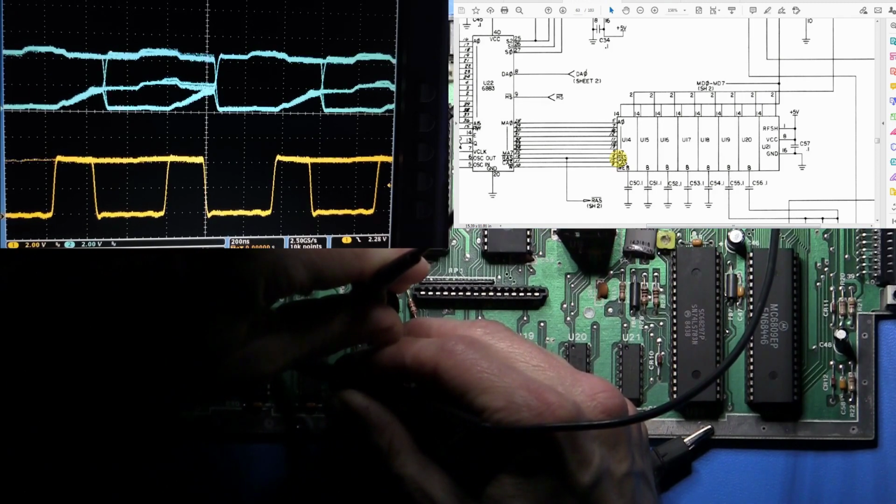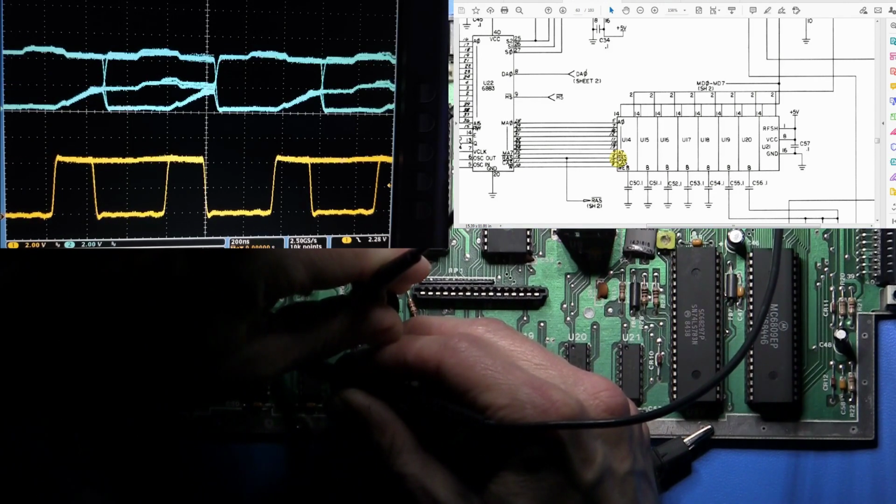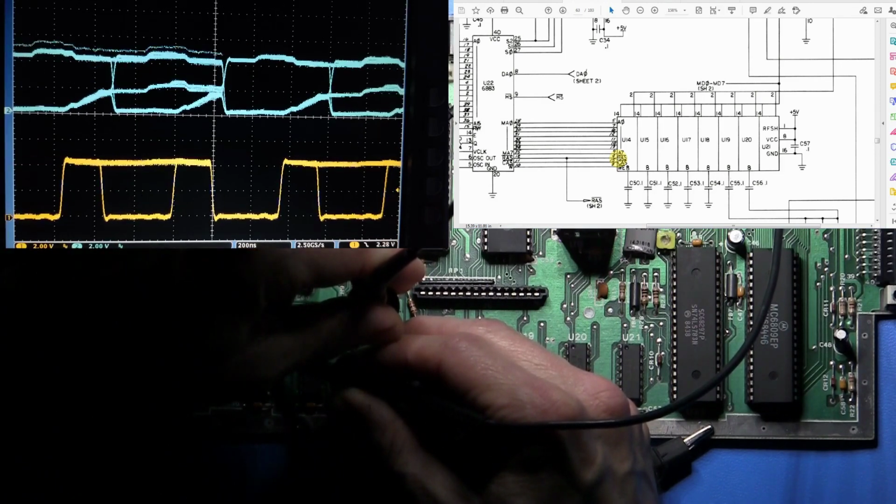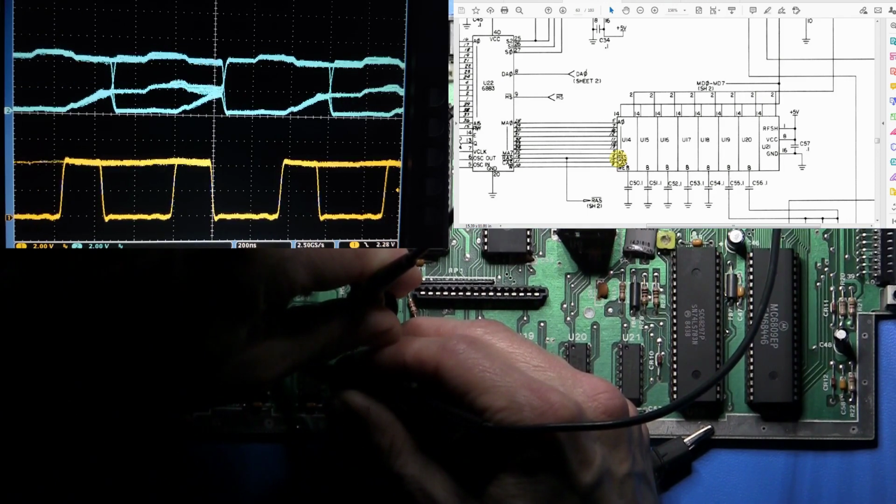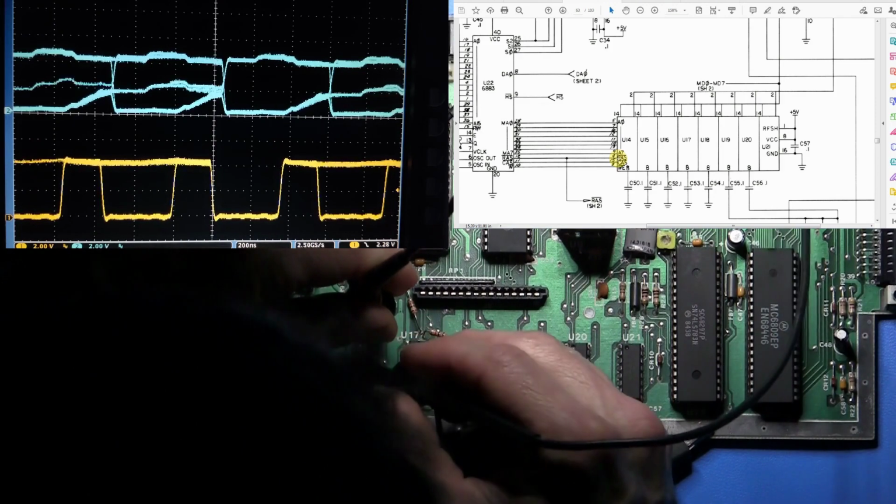The data could be different levels before the column select, but it either goes high or low after the falling edge of CAS. Okay, so CAS falls low, and then data bit 0 is either definitely low or high after that. And then it's released when CAS goes high, and you can see that the data sometimes floats up to an undriven level in the middle. Okay, let's move from D0 to D1.